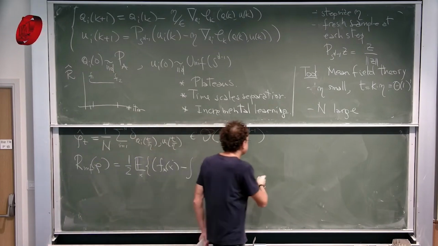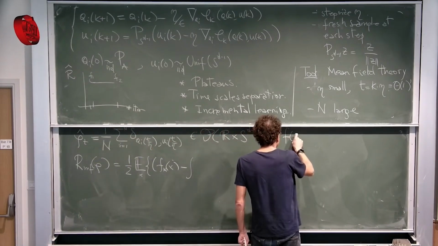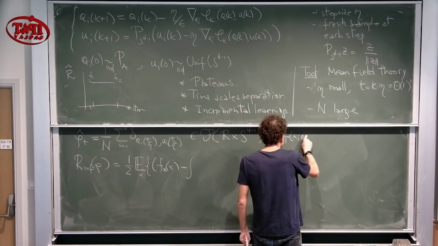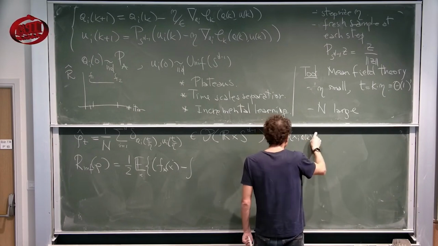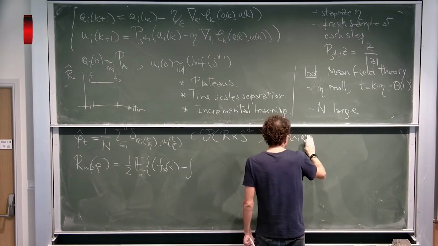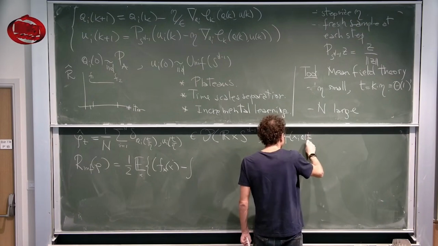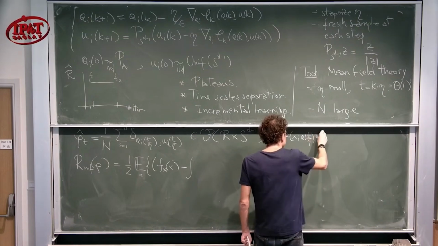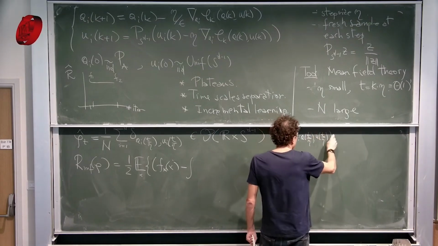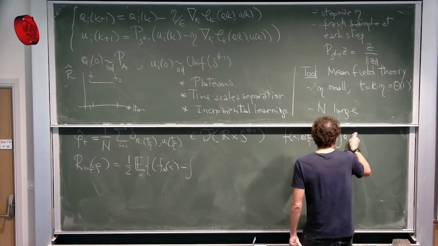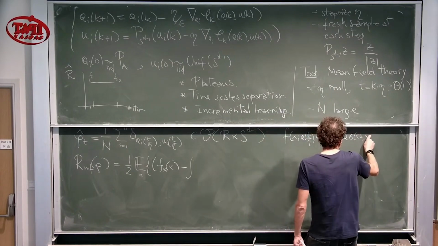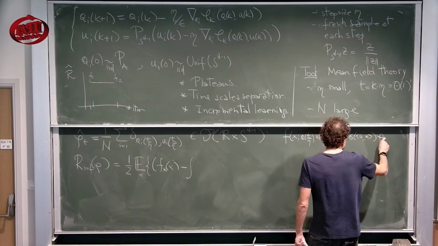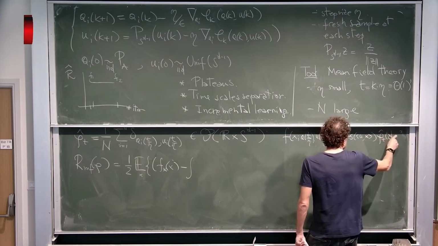Notice that in terms of this, the function at time t times k you can write as the integral of a sigma of u·x against rho_t.